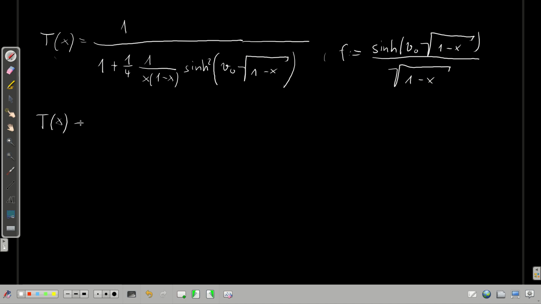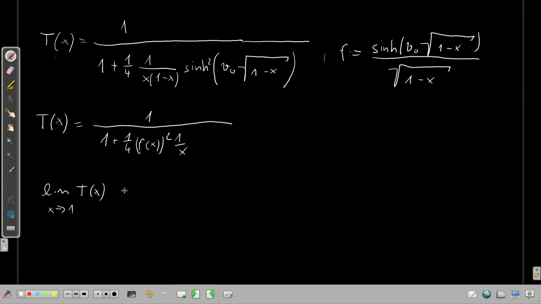Now with this definition, T of x becomes 1 over 1 plus 1/4 f of x squared times 1 over x. And we would like to calculate the limit of T of x when x approaches 1.